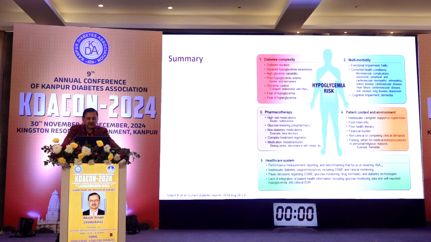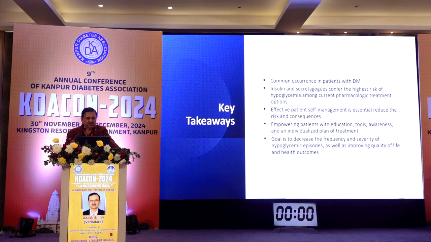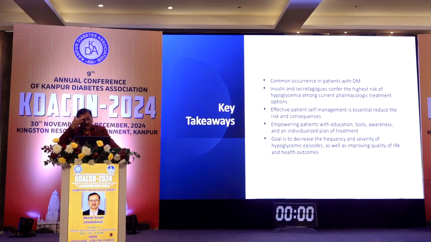Payer decisions regarding DSMES, glucose monitoring, drugs, and diabetes technology matter, because insurance companies are not paying for that. They are not even paying for continuous glucose monitoring. There is also a lack of integration of patient health information, including glucose monitoring data and self-reported hypoglycemia, into the clinical EHR. So data is not there, information is not there, proper education is not there. Everything complicates diabetic management and gives all the more reasons for hypoglycemia.